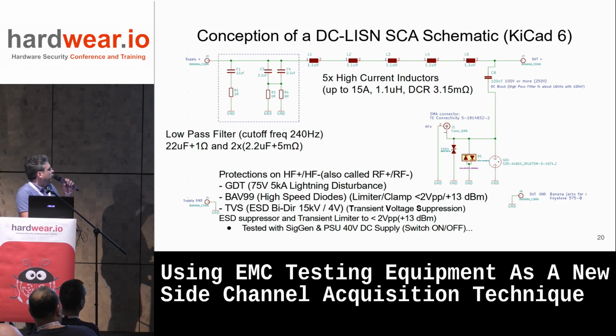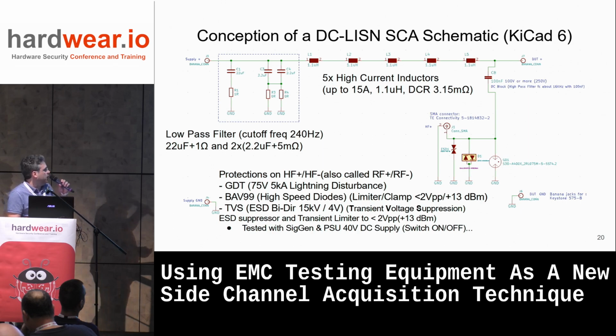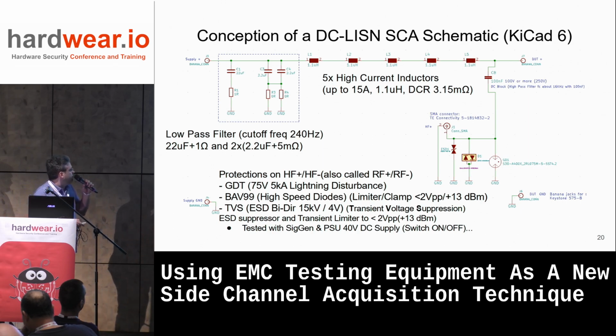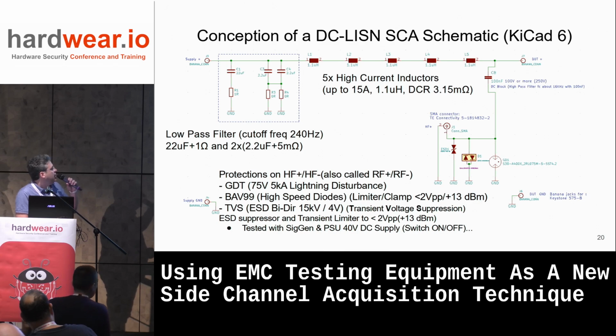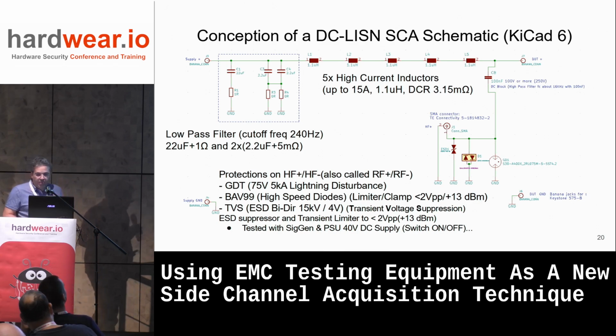So like that, you are fully protected, and you will never exceed 2 volt peak on the input of your oscilloscope or spectrum analyzer. I will show you after in practice. All those have been tested with a signal generator and a 40 volt power supply. We switch on and switch off in practice to show it's very effective.